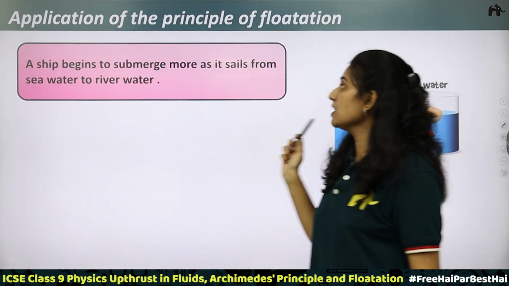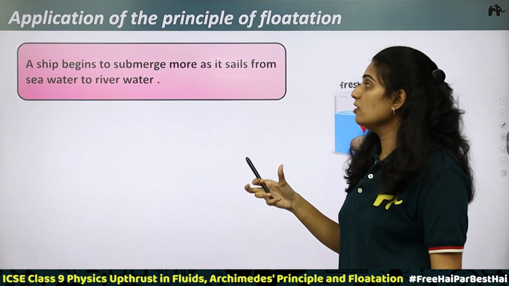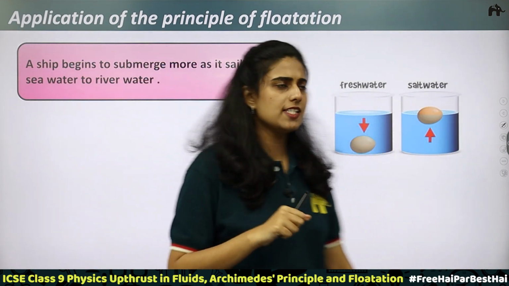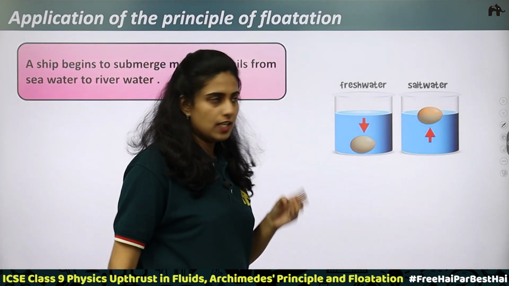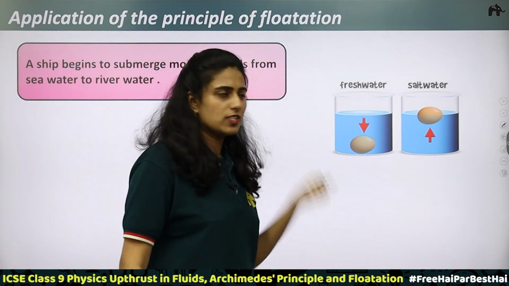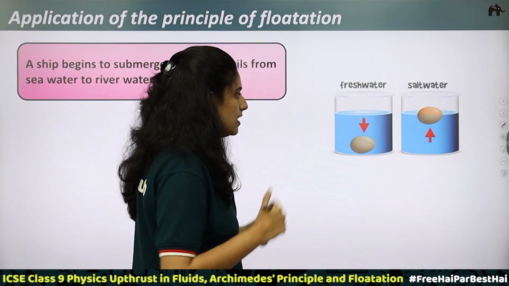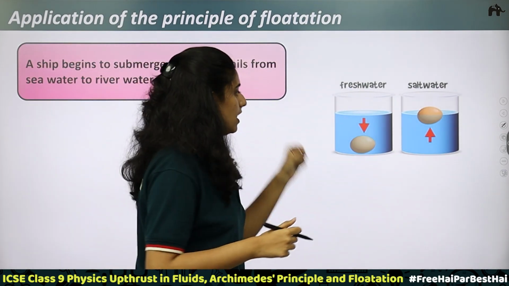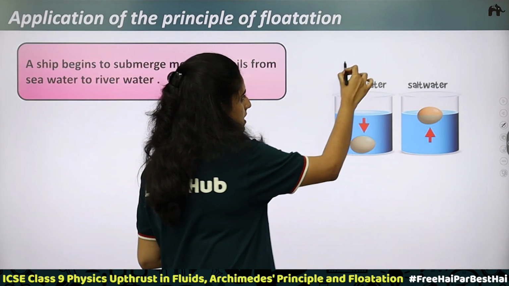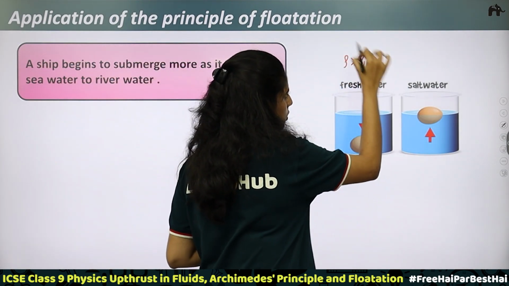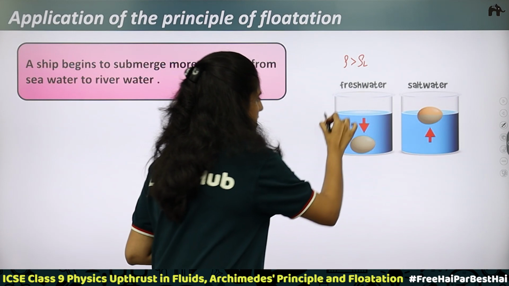Next, a ship begins to submerge more as it sails from sea water to river water. To understand what is happening, take this example. You take a glass of fresh water and put a body, a lemon or something like that. We can see that since the density of the body is greater than the density of the liquid, the body will sink.